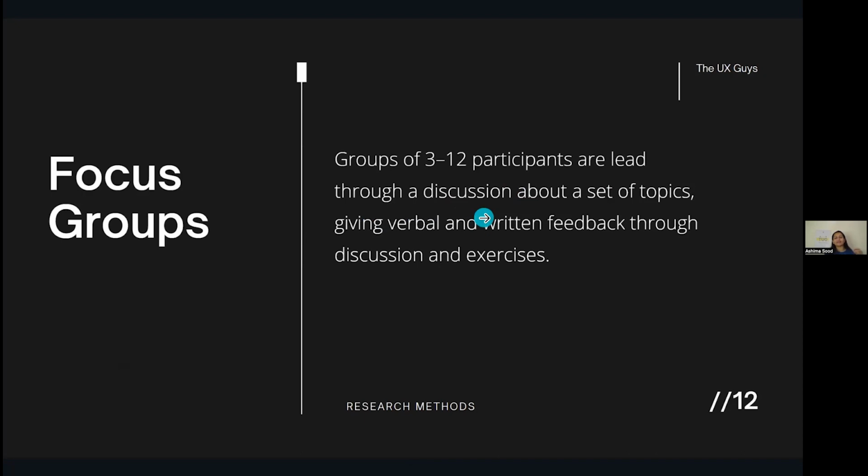There's a reason that I'm emphasizing this, and we'll get back to that. It's about a set of topics, giving verbal and written feedback. So we're trying to understand what their attitude or thoughts are about certain, let's say, features or certain gestures or what have you, depending on what you're trying to test them on.